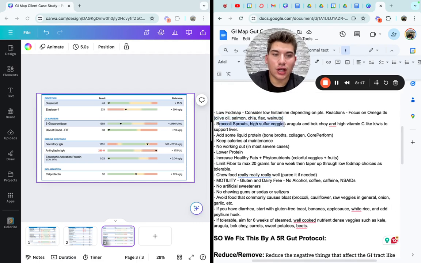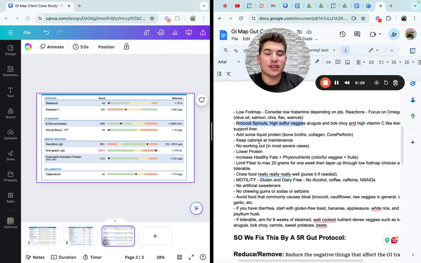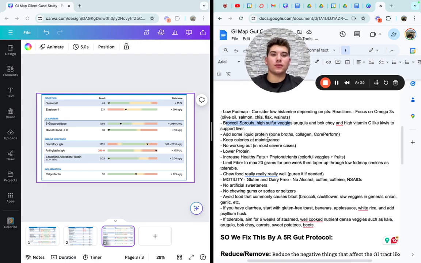Next is I use broccoli sprouts because they contain a lot of sulfur, which helps the liver and the detoxification pathways. Okay, so it helped get the toxins out of the body through the liver. Okay, and so I also used some liquid protein coming from bone broth, collagen, and then I use Corporform.